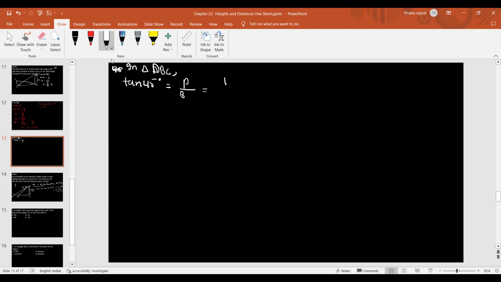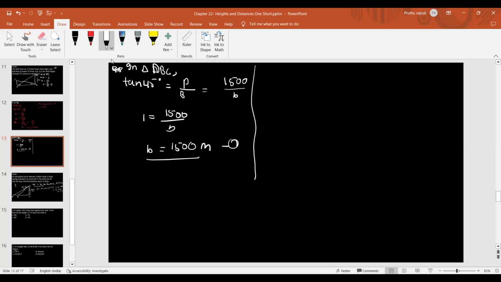Base is unknown, so perpendicular 1500 by BC equal to tan 45. So tan 45 is 1 equal to 1500 divided by base. Base BC equal to 1500 meters. So first equation. Next, figure out about triangle ADC.